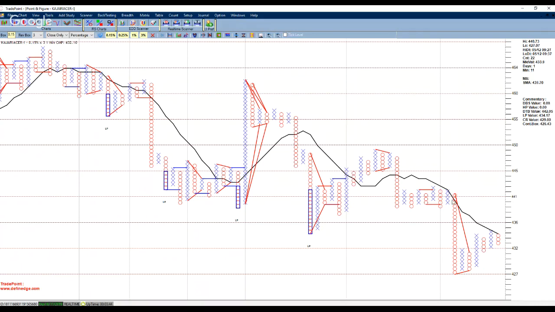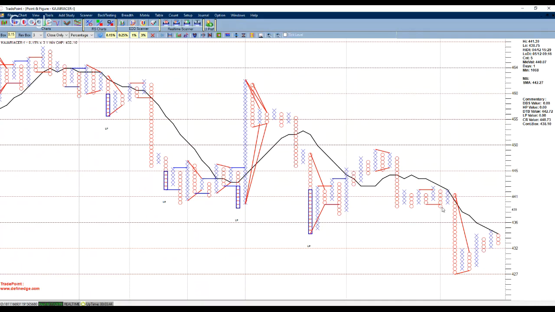The stop loss is going to be, if I place the cursor on this column of X, if you notice, there is something called the continuation box size here. That is going to be your stop loss, right? So if I place the cursor on the column of X, the continuation box is 442.05. So that is where your buy signal will be triggered, and that's where you're going to place your stop loss.